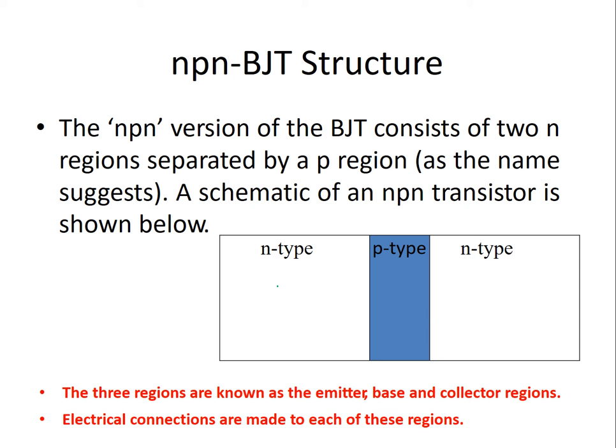In this NPN configuration, we have high doping of the n-type materials on the two sides, and very little doping of the p-type material. Basically this is a very thin region. For understanding purposes the width has been shown a bit larger, but practically we have very small p-type doping here, a very thin region.